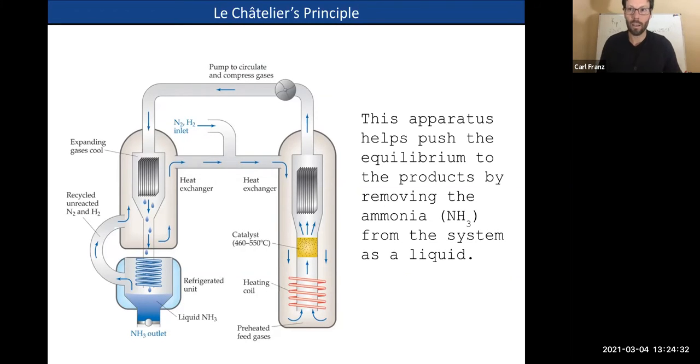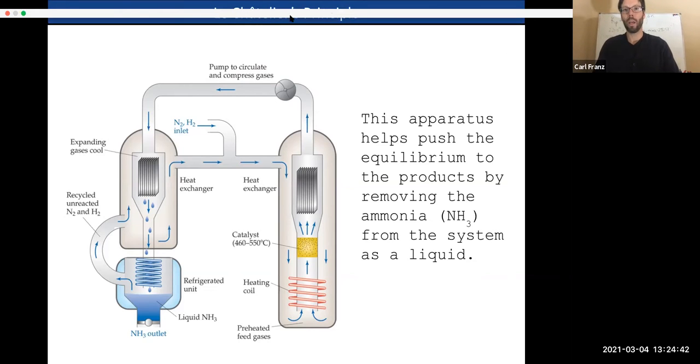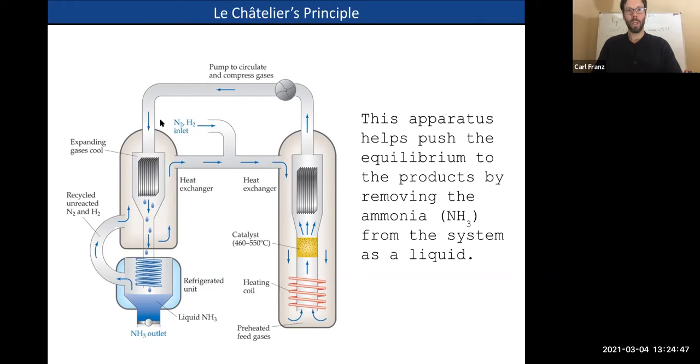And so for making ammonia, we can have a system where we pump in, here we're pumping in the nitrogen and hydrogen. It travels down here, and then it gets heated up. And in the process of being heated, it forms our product, our ammonia.